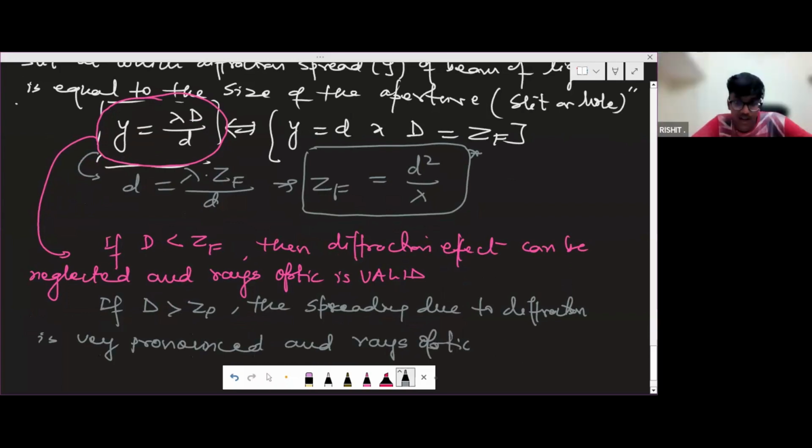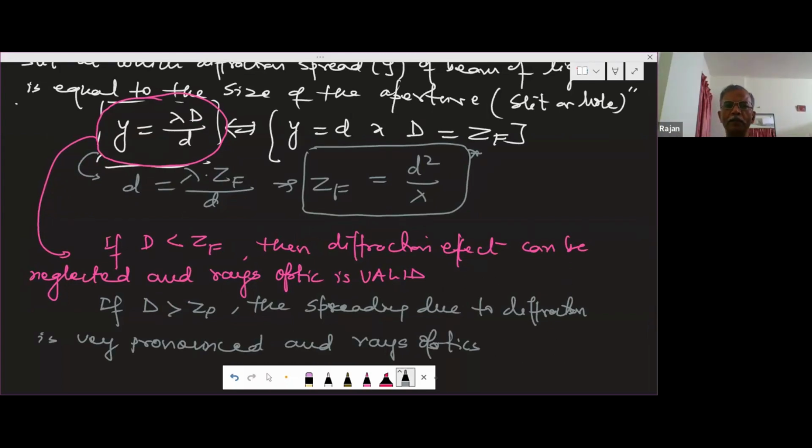Not valid, because spreading is there. If D is greater than ZF, your y will be greater than small d, so spreading is there. If spreading is there, then ray optics is not valid. Ray optics needs a straight line. We know that ray optics is that light travels along a straight line, that is what we understood earlier.